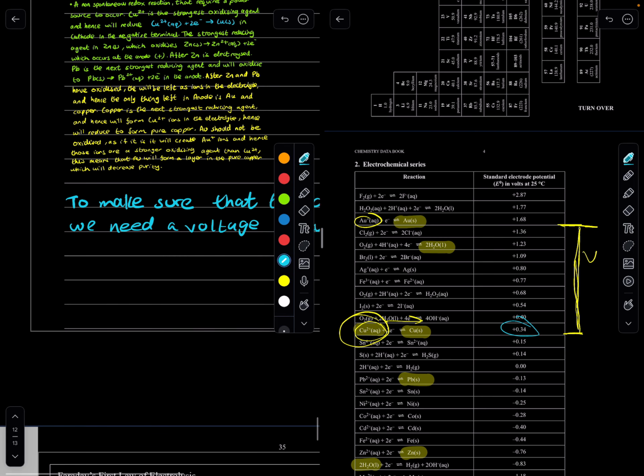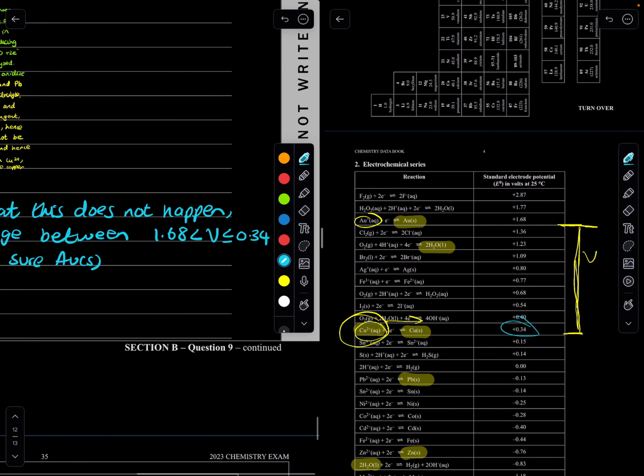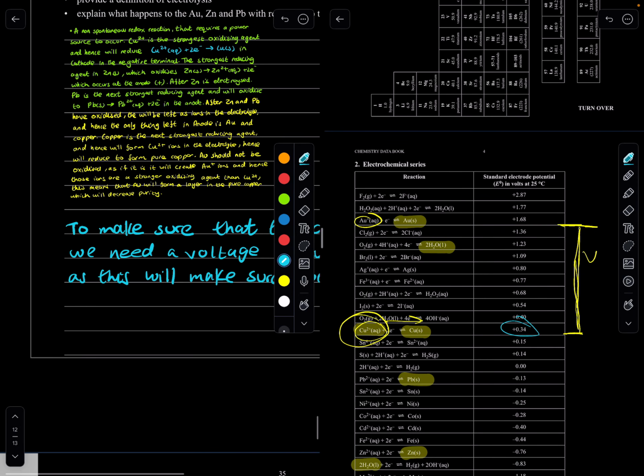And this will make sure Au solid will not oxidize while the other processes occur.